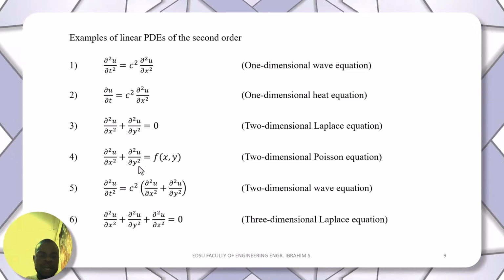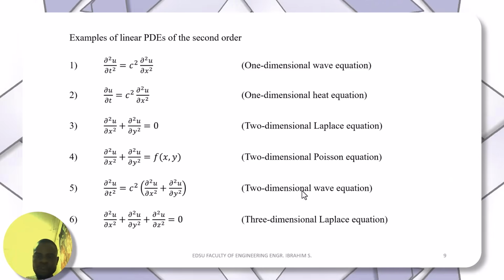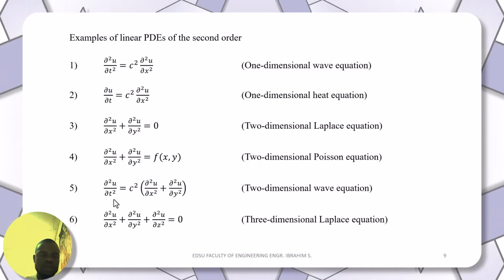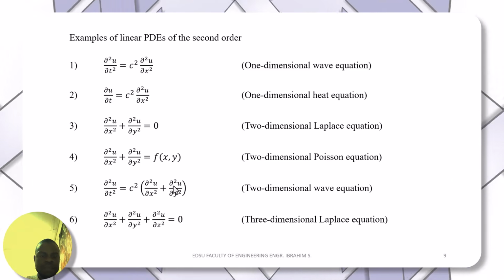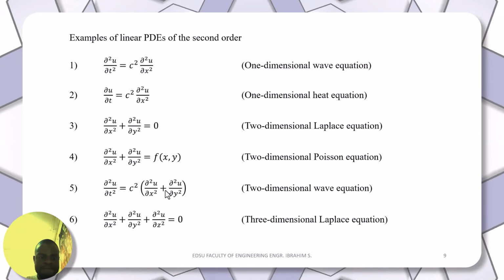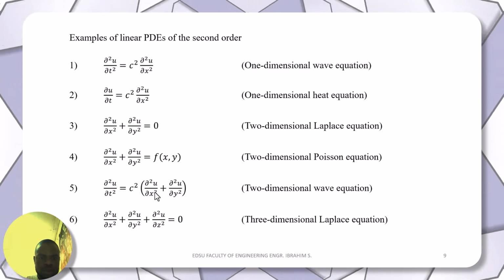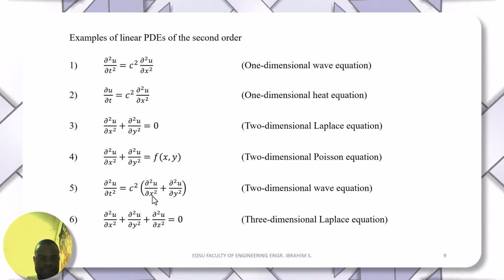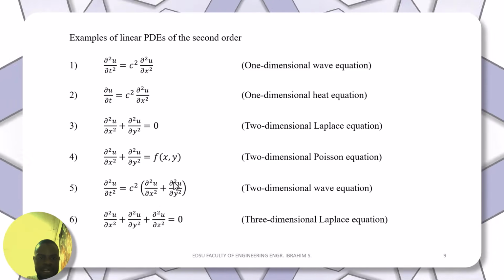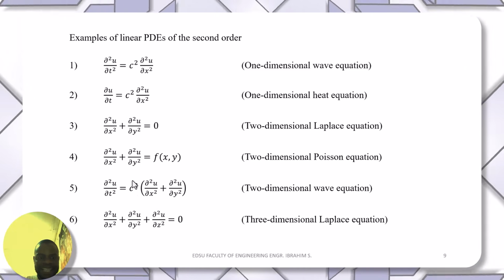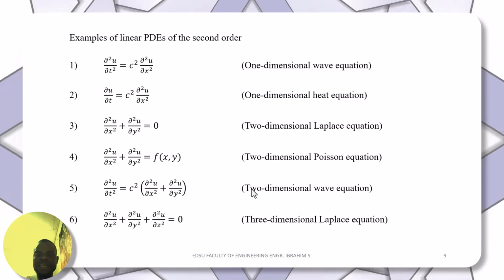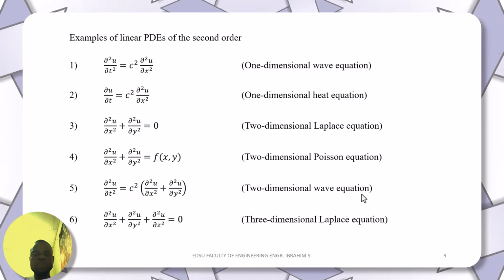Then we have another one, the two-dimensional wave equation. So if you look for the second order derivative and it gives you something like this, so this one is for u with respect to x, with respect to y, you sum them and it equates to this and gives you a constant, then it means it's the two-dimensional wave equation.